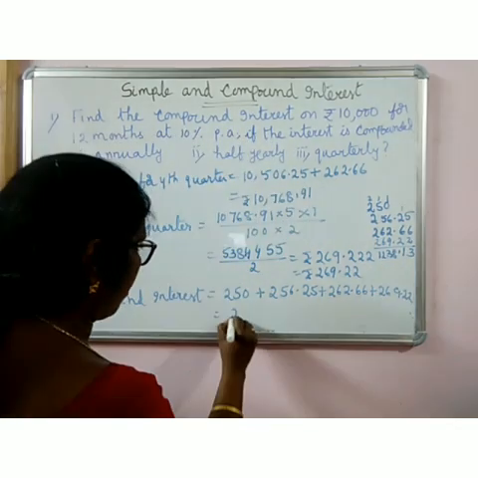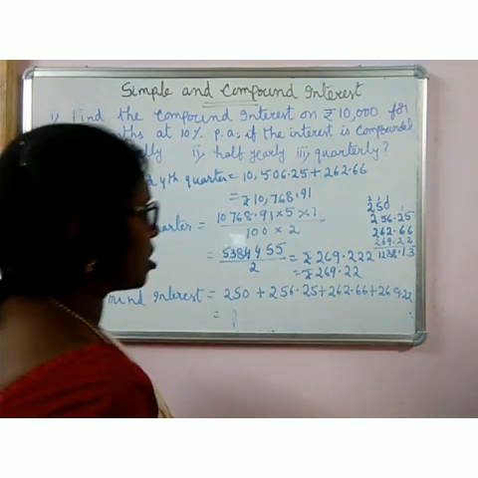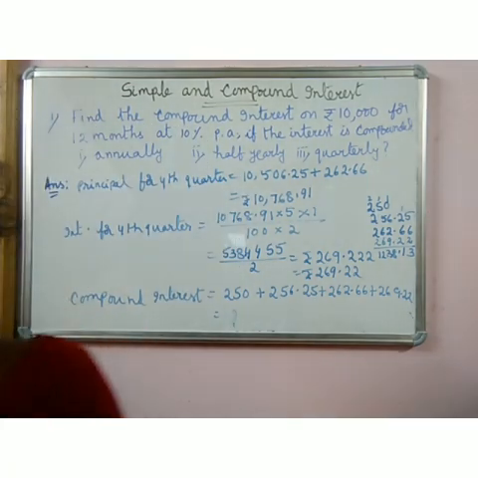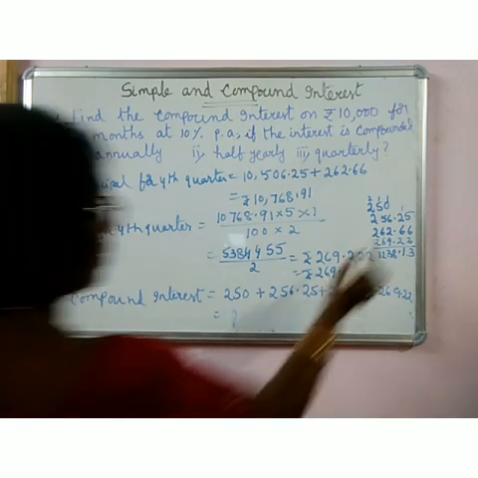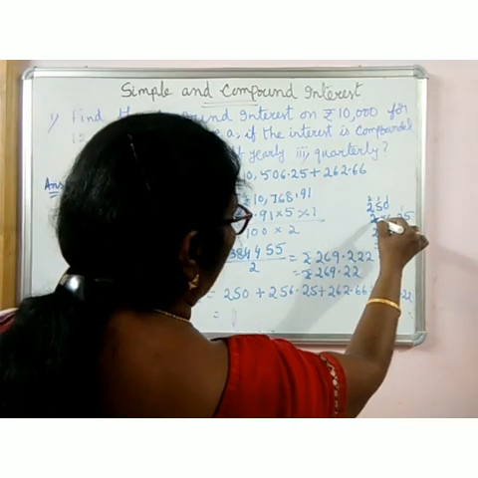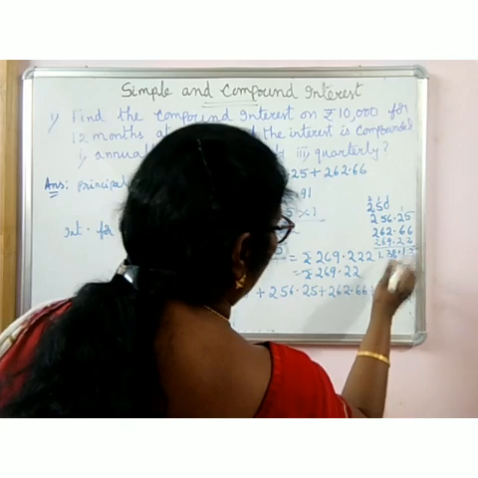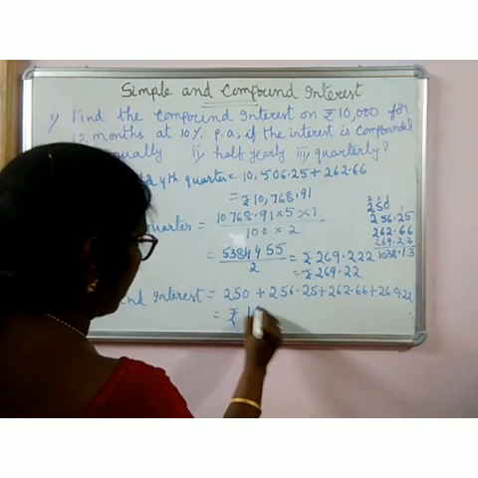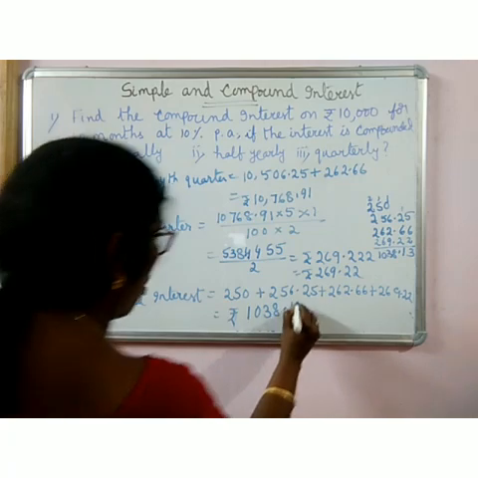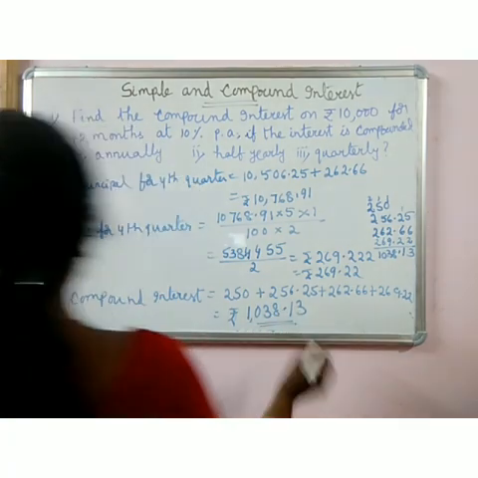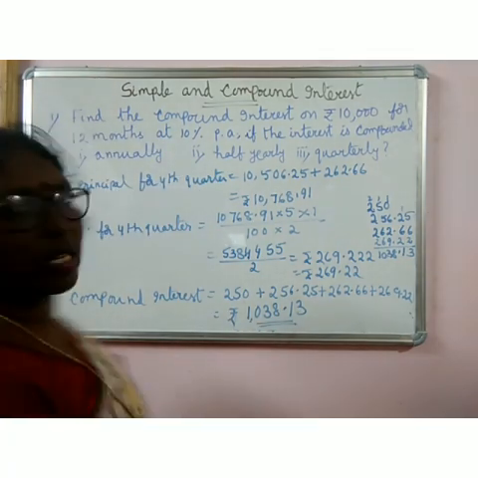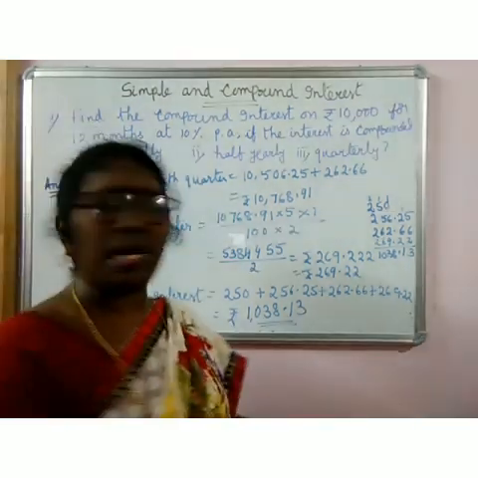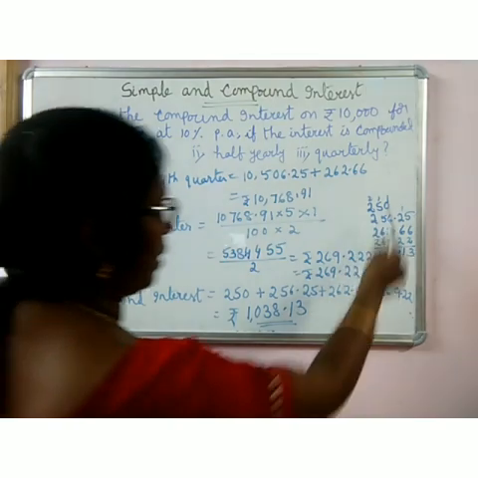That means you are going to get 1,038.13 rupees. This is the compound interest for 1 year when the interest is compounded quarterly.